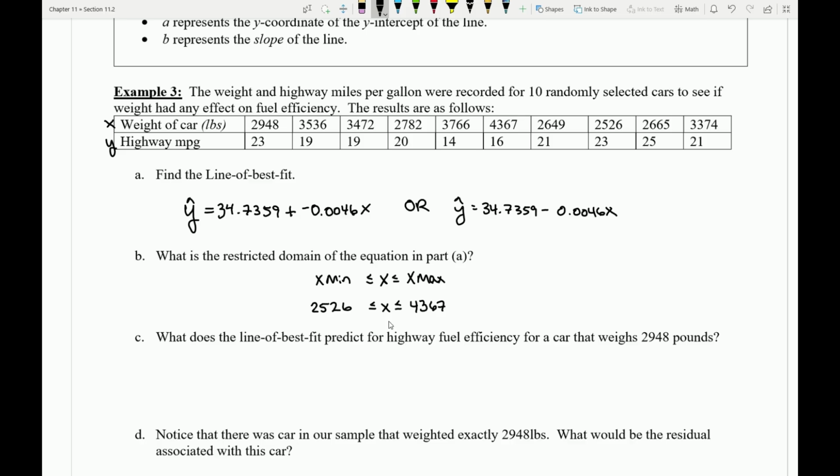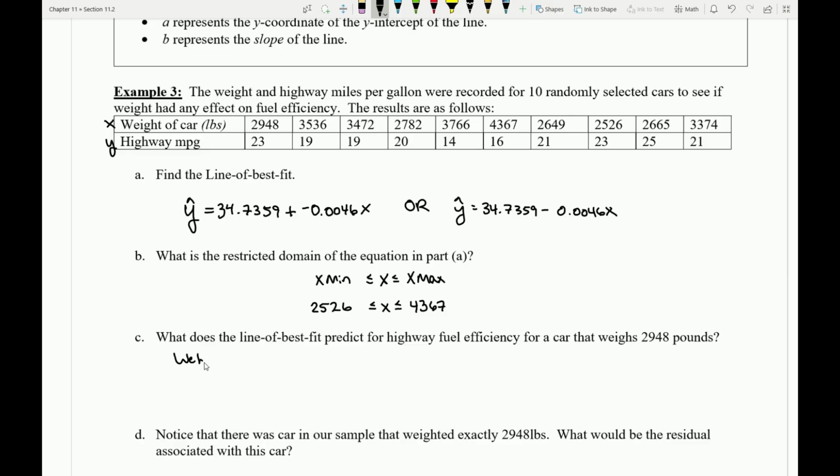What would my line of best fit predict for highway fuel efficiency if I came across a car that weighed 2,948 pounds? Okay, so notice this right up here is a value of x.